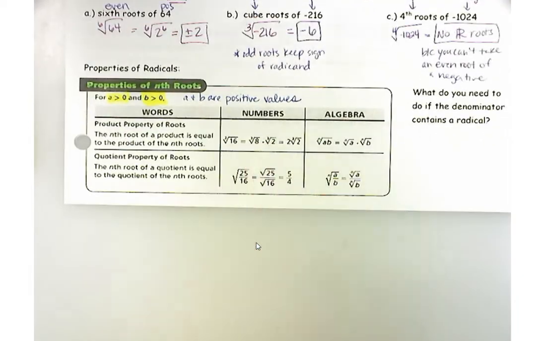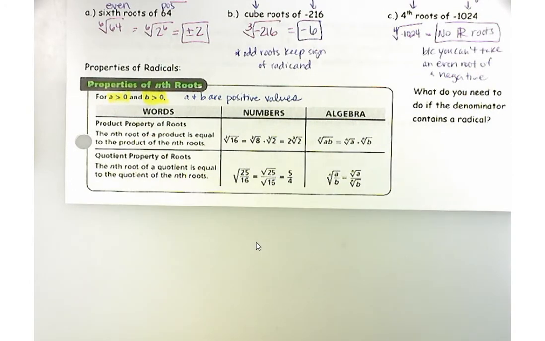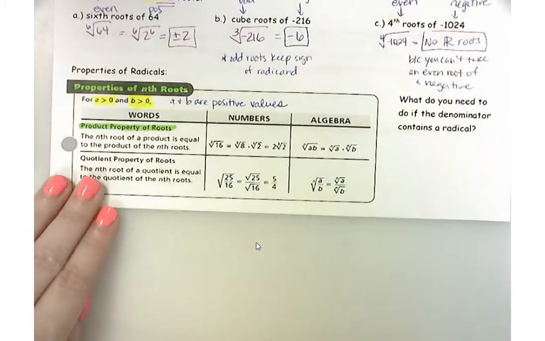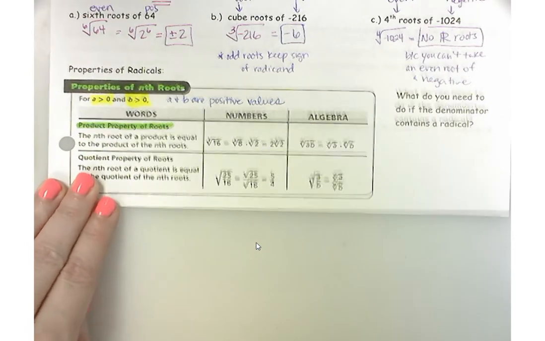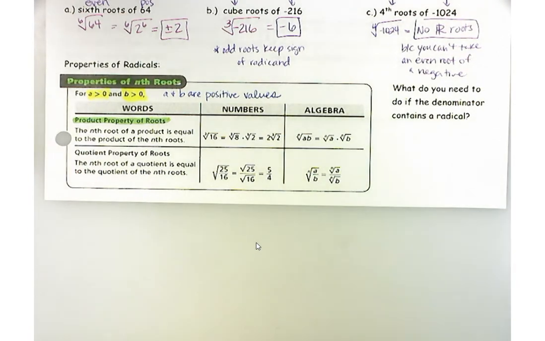So this is our rule: if you have a product, then you can rewrite the product A times B as the nth root of A times the nth root of B.